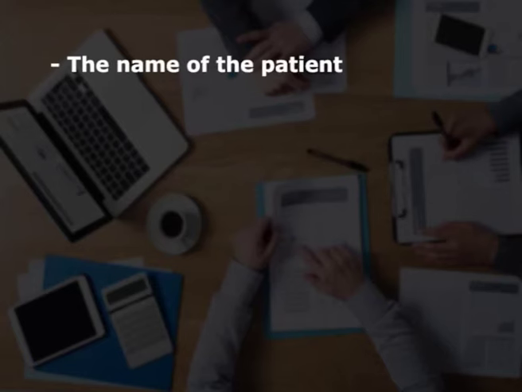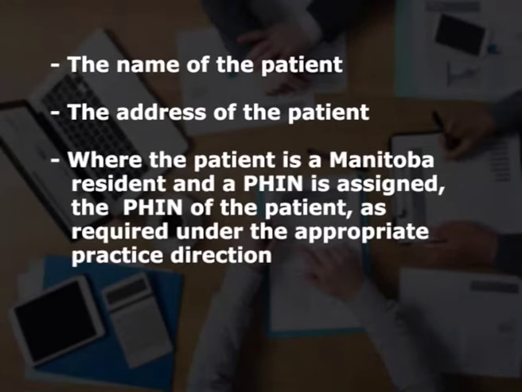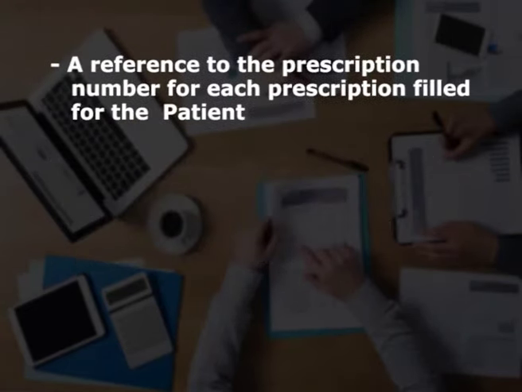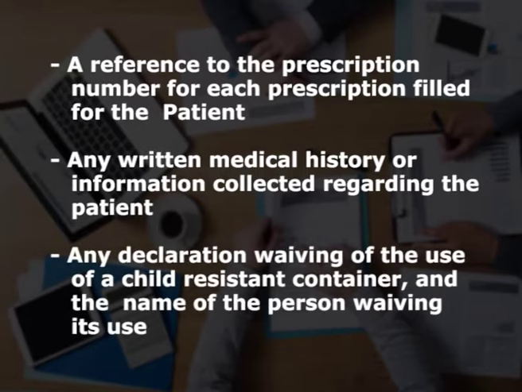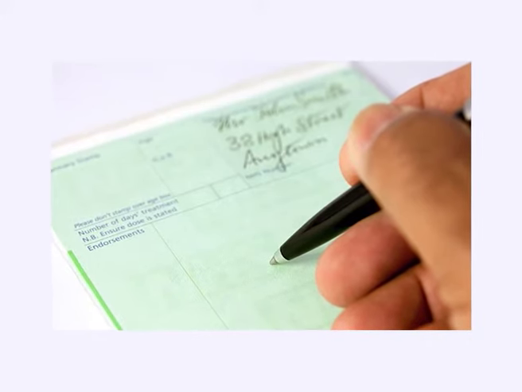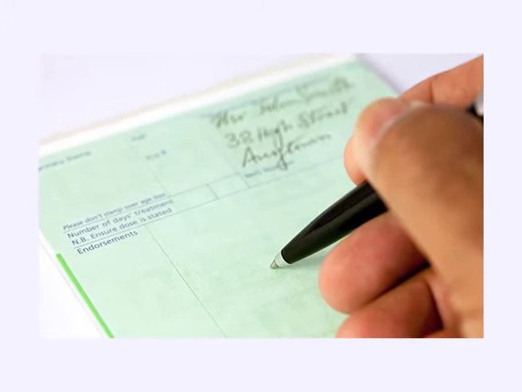This includes the name of the patient, the address of the patient, where the patient is a Manitoba resident and a PHIN is assigned, the PHIN of the patient as required under the appropriate practice direction, a reference to the prescription number for each prescription filled for the patient, any written medical history or information collected regarding the patient, any declaration waiving the use of a child-resistant container and the name of the person waiving its use, and any written authorization forms, order forms, terms of purchase and sale, or other agreements between the pharmacy and the patient.